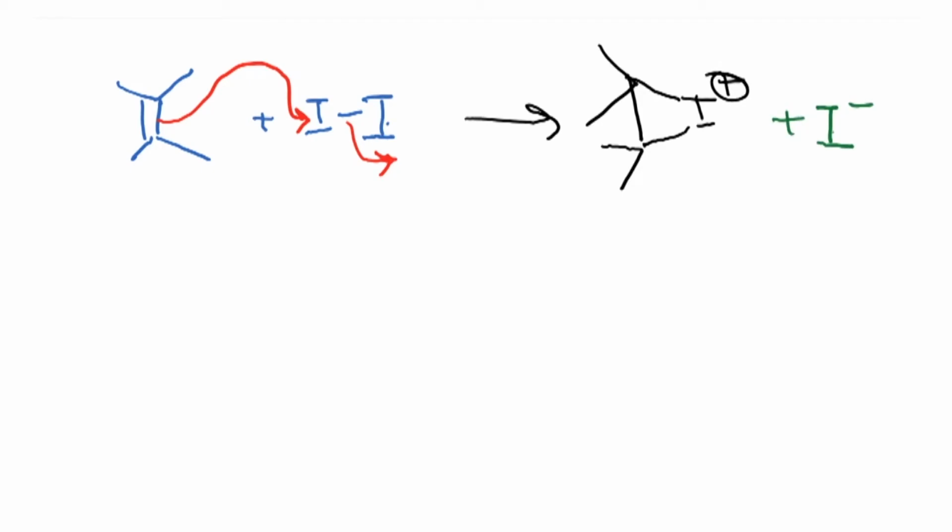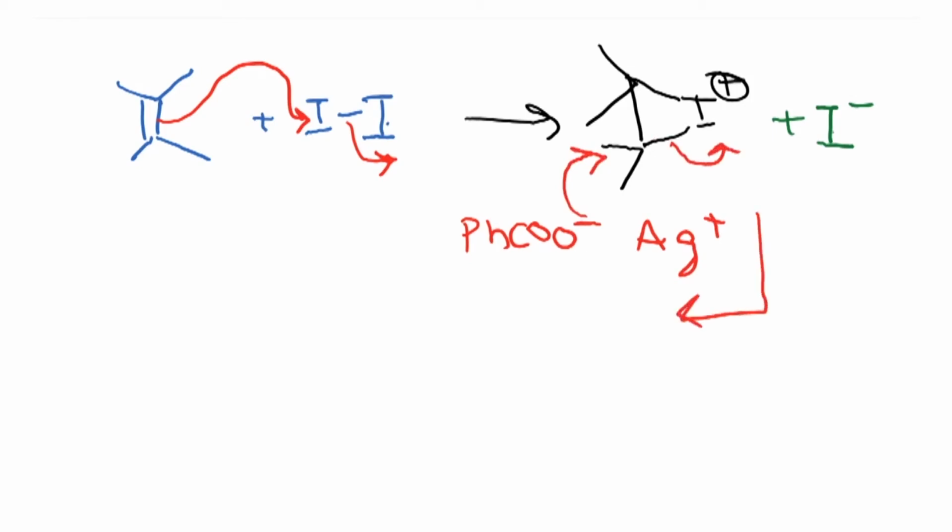Now you have several possibilities for this iodonium ion. One is that if I minus is the only nucleophile present, I minus can attack and give you the diiodide. But we already told you that there is benzoate present. So this COO minus can actually attack over here and open up the cyclic iodonium ion, and you end up getting the following product.